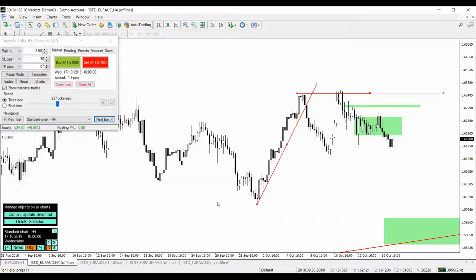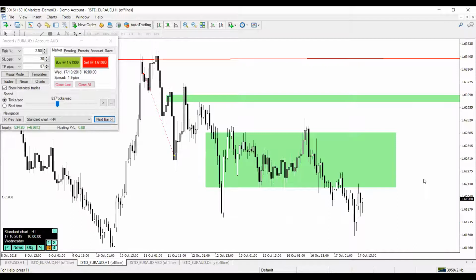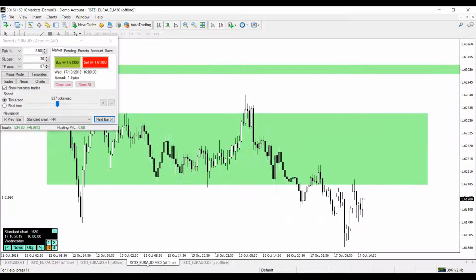Yep, they're there. Objects. No, clone now, clone update selected, yep. And then go to your hourly. Go to your 30 minute. You can now go back to your hourly.